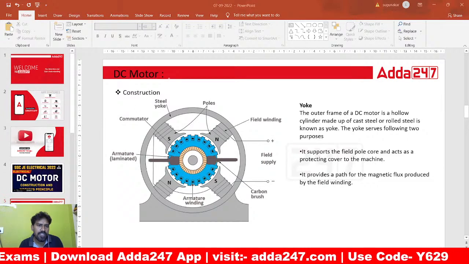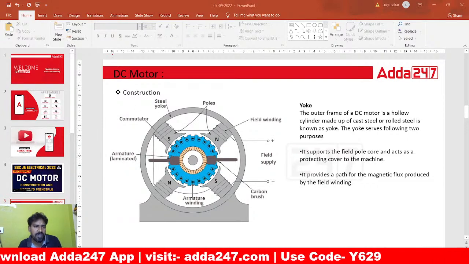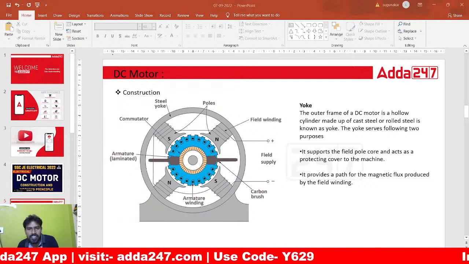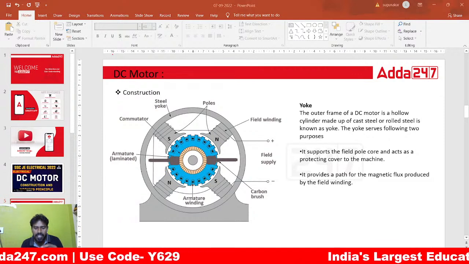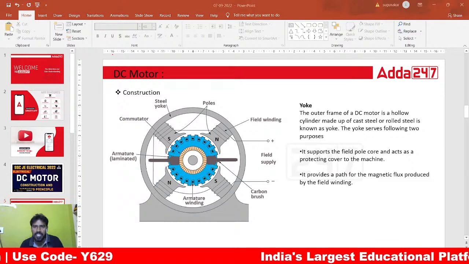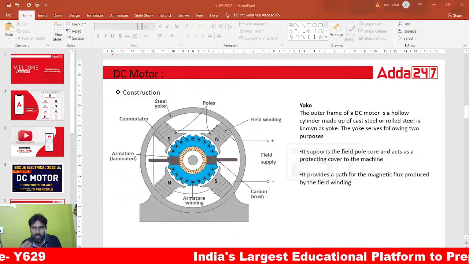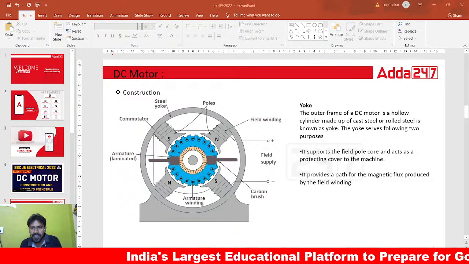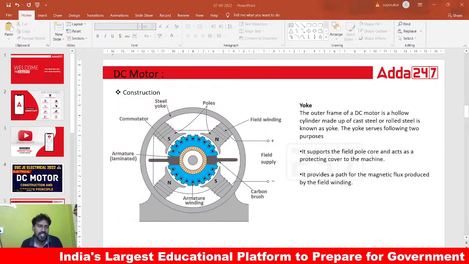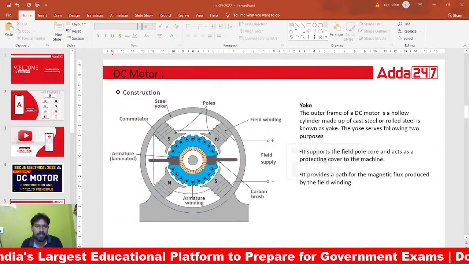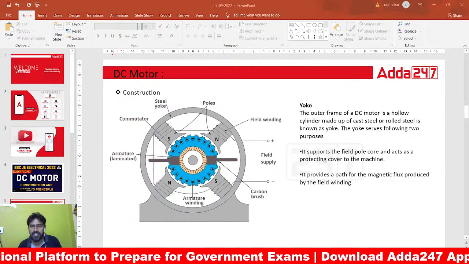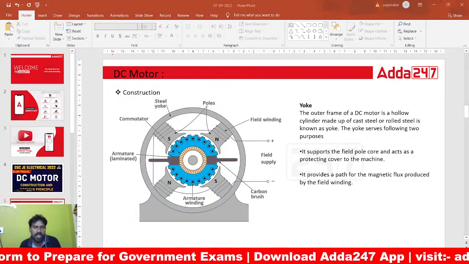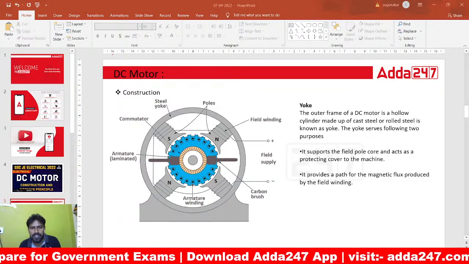The interaction of these two fluxes, armature flux and field flux, produces repulsion. Due to that, mechanical force is developed in the armature, and the armature will start rotating. This is the concept you can remember in a DC motor.